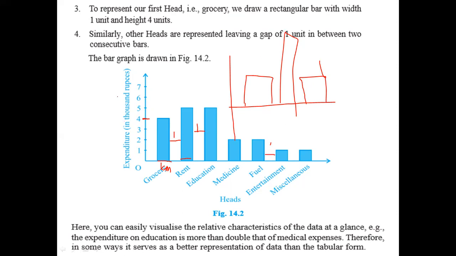So whenever we have to draw a bar graph, please keep this in mind that you have to draw this way and not this way. It has to be very uniform and neat. So children, whenever you're drawing a bar graph, you need to use a pencil and a ruler so that the bar graph looks neat and clean.